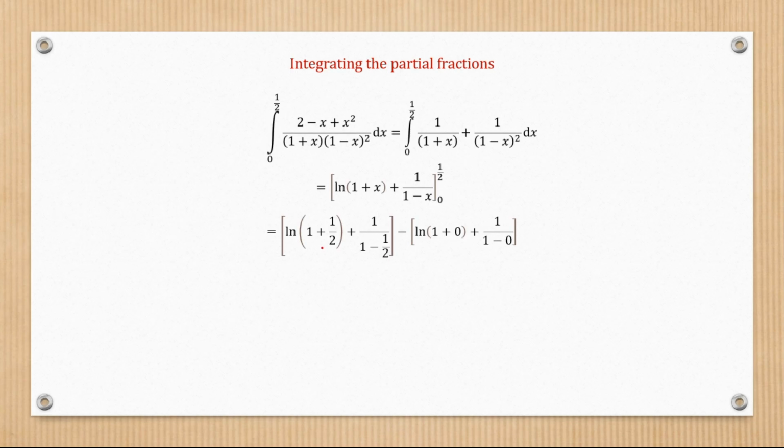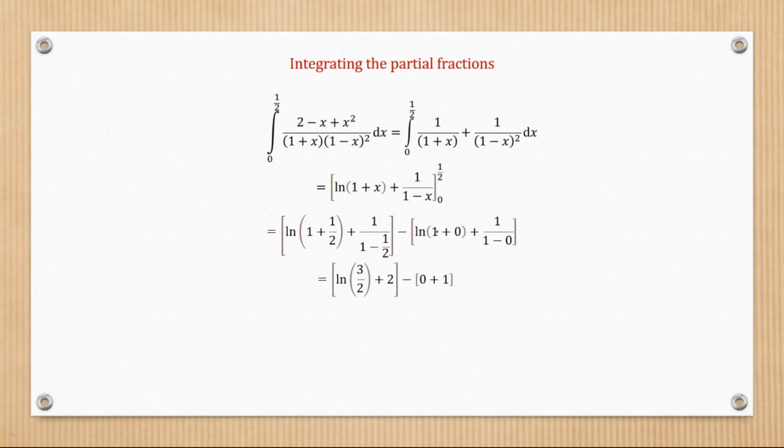Now on the left hand side, where there is x, we're going to put in a half, and then minus that where we put 0 wherever there is an x. So 1 plus a half is 3 over 2, and then 1 minus a half is a half. 1 divided by a half is 2. Then right here we have 1 minus 0 is 1, so 1 divided by 1 is 1. So that's why I have this plus 1 right here.